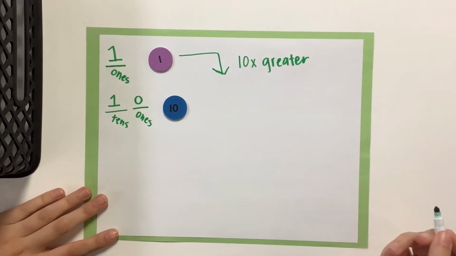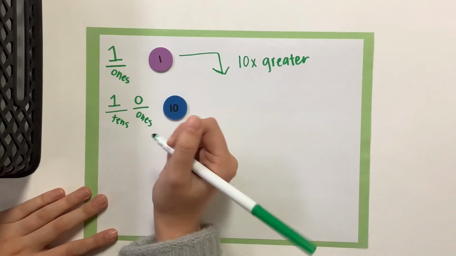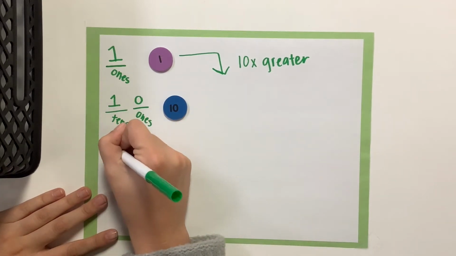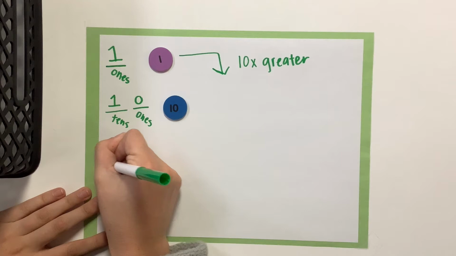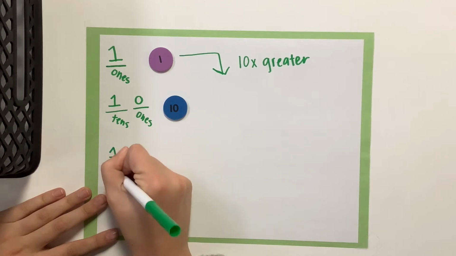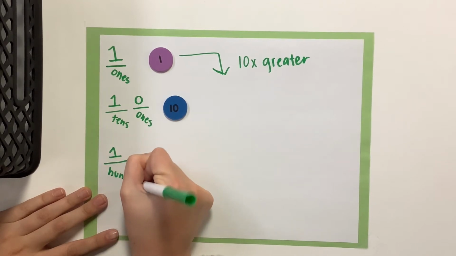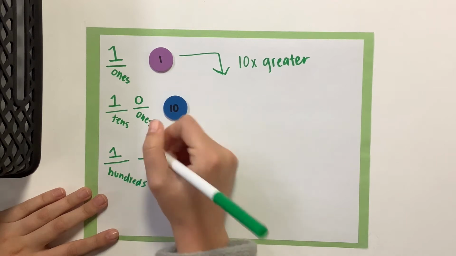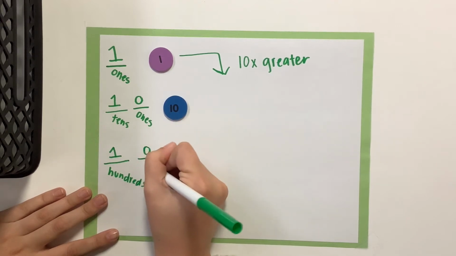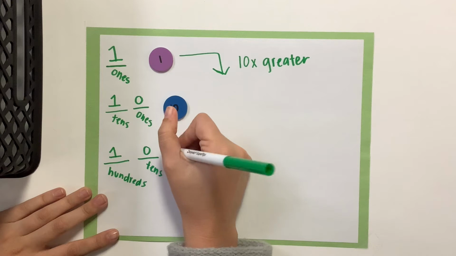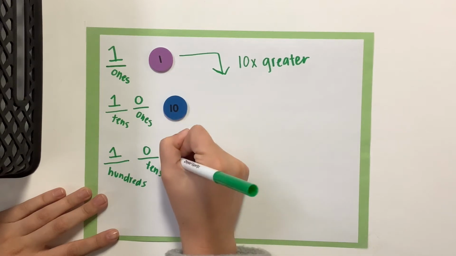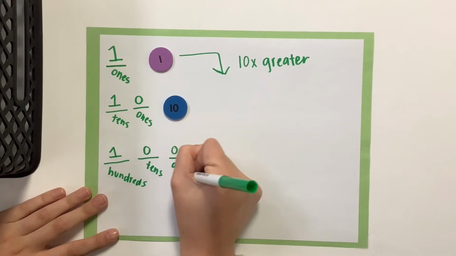Now I'm going to do something else kind of crazy. Are you ready? I'm going to move that 1. Now instead of putting it in the tens place, I'm going to put it in the hundreds place. So to do that, I would need to put a 0 in the tens place, and a 0 in the ones place.